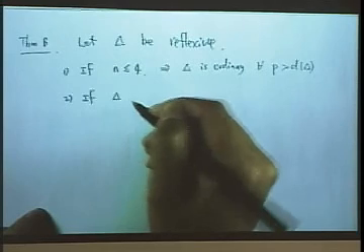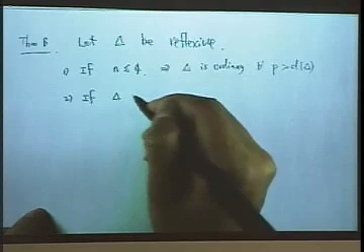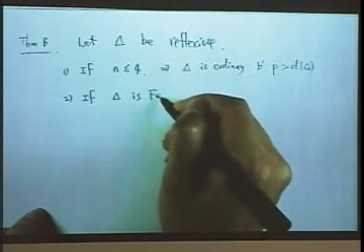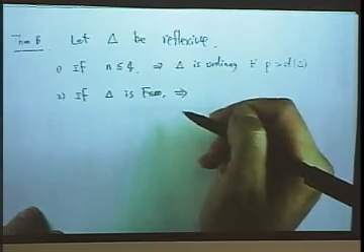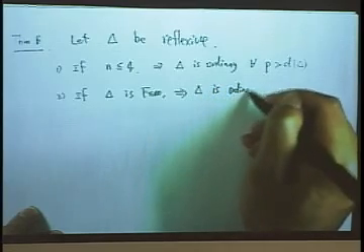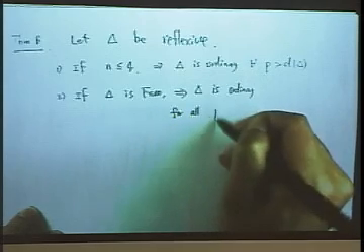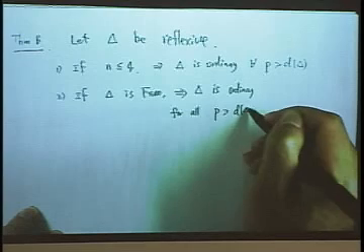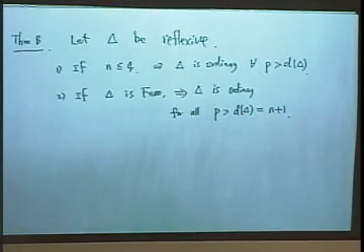If the dimension is bigger than 4, or arbitrary dimension, if it's a funnel, then for any dimension it is okay, and delta is ordinary for all p greater than d of delta. Of course, in this case, d of delta is just 7 plus 1. You can compute it.